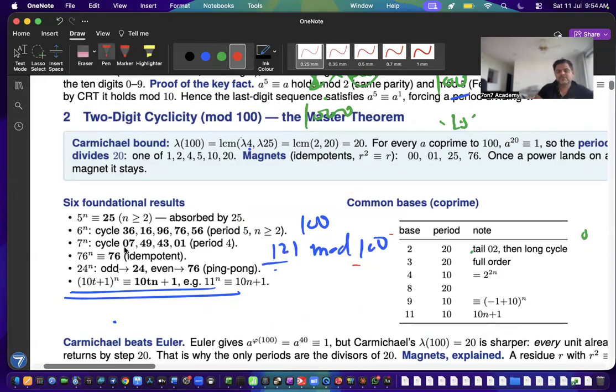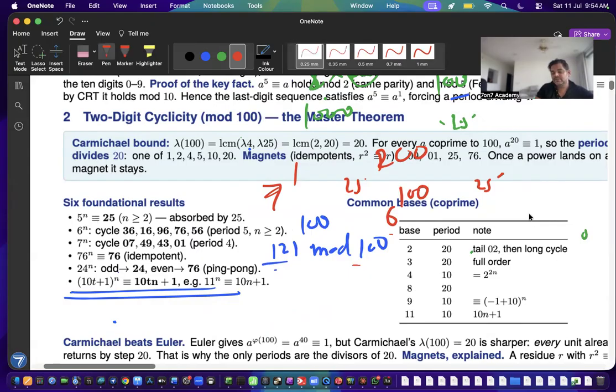Now if someone says 7 raised to 100, or 25 raised to 200, what are the last two digits? With options, 25 is going to be the last two digits only. If you have 6 raised to 100, what are the last two digits?